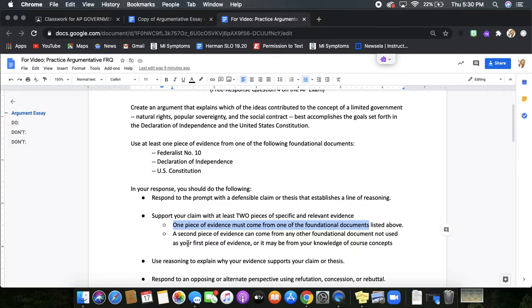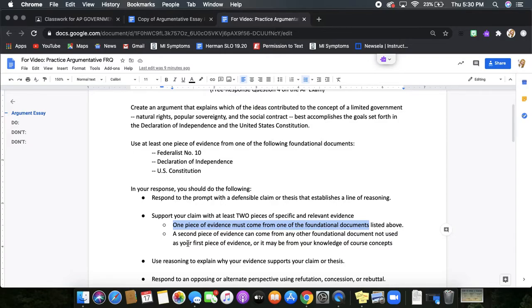Your second piece of evidence can also come from that list, or it may be from your knowledge of the course concepts. That second part is so vague that I usually don't encourage it unless you are able to bring in something really specific, like maybe a court case that we've talked about, or a specific instance in history that has backed up your claim that you're trying to argue.